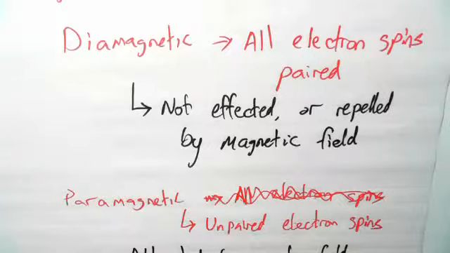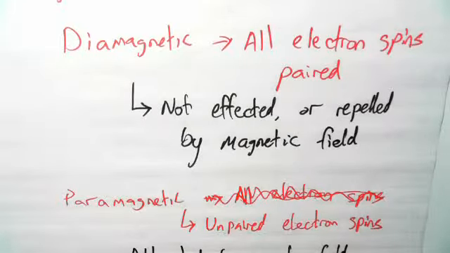Diamagnetism and paramagnetism are what I'll talk about, and these are where elements or molecules have unpaired or paired electron spins. So either all the electron spins are paired, and that's a diamagnetic molecule, or some of the electron spins aren't paired, and that's paramagnetic.